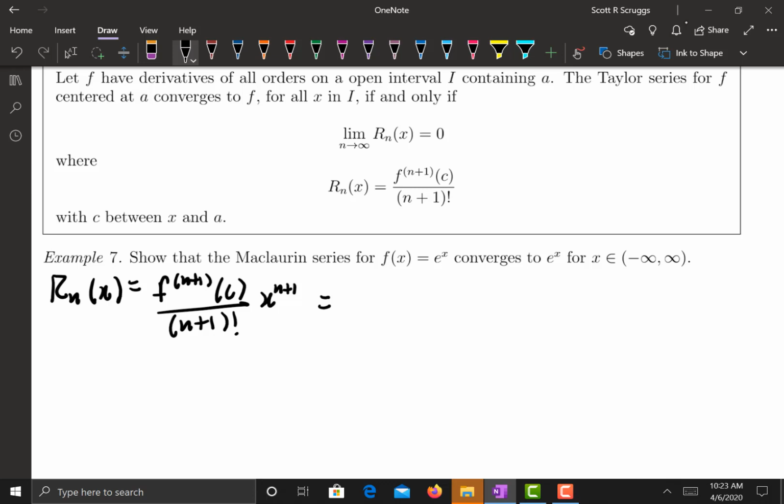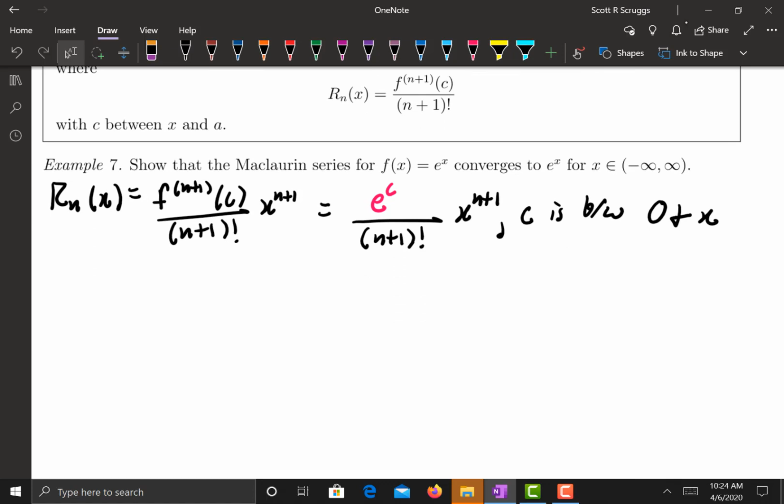Evaluated at c just gives me e to the c, over n plus 1 factorial, times x to the n plus 1. Where that value c is between, in this case my center is 0, so c is just somewhere between 0 and x. So I now have an expression for the remainder.